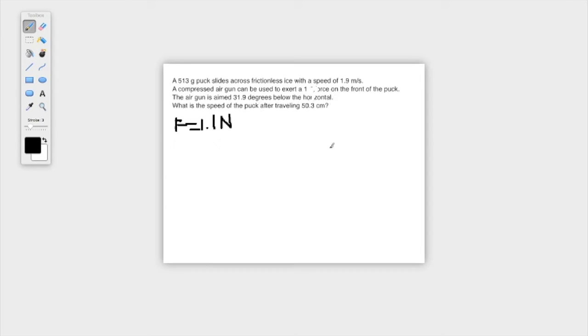This is what the puck looks like. So this is our puck, and it's being aimed at the front of the puck. So our gun would be like this, and it would exert air right here, right on the front of the puck, at an angle of 31.9 degrees.